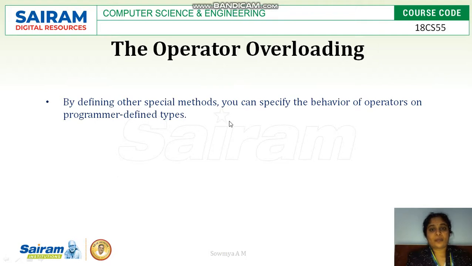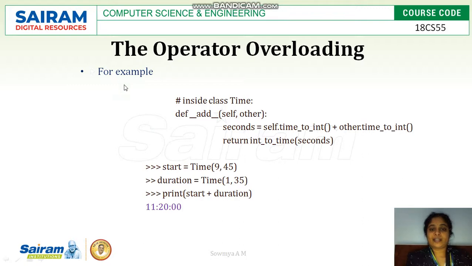Next one is operator overloading. By defining other special methods, you can specify the behavior of operators on programmer-defined types. For example, here we have the add method which takes self and other. It computes seconds from self time to int and other time to int.